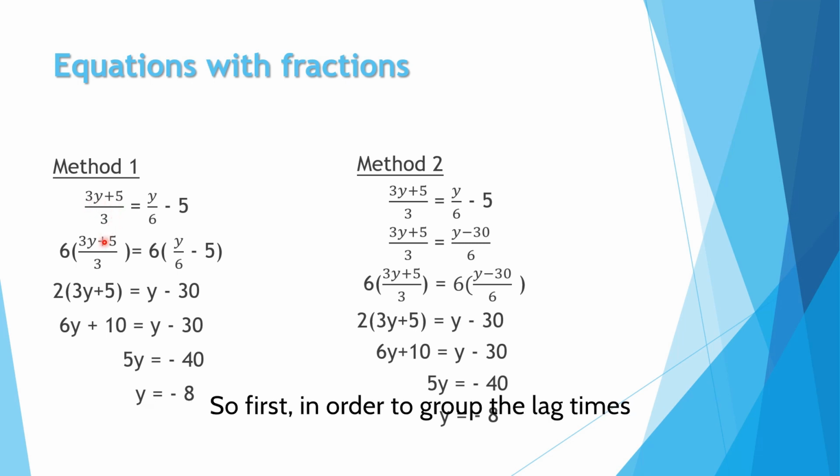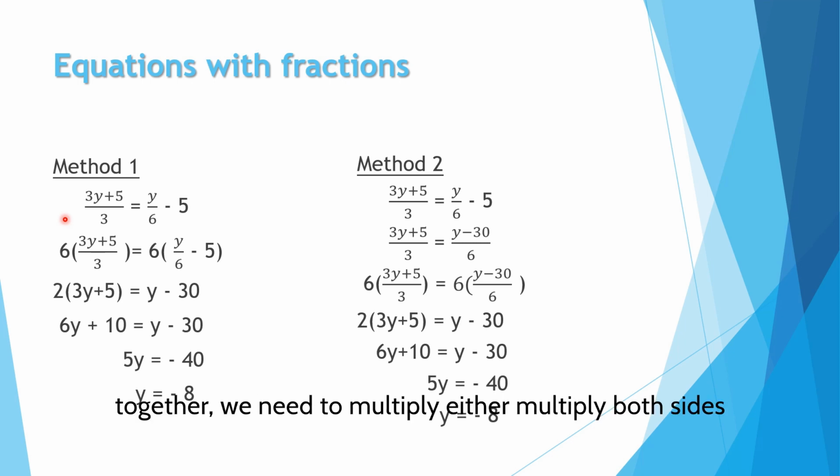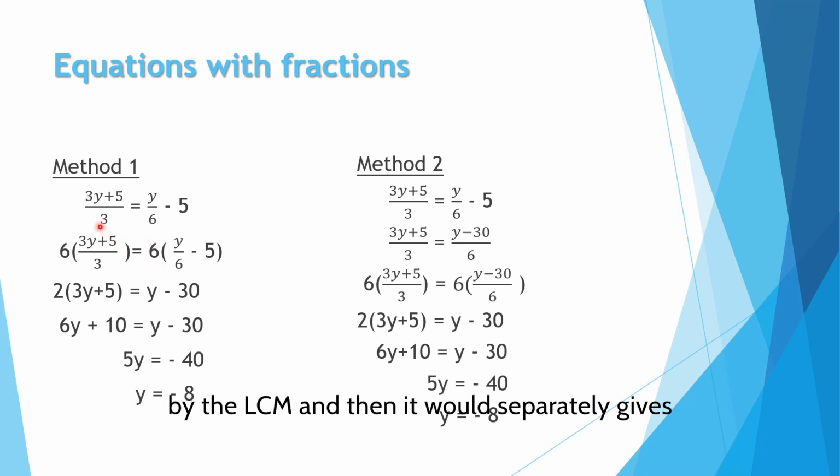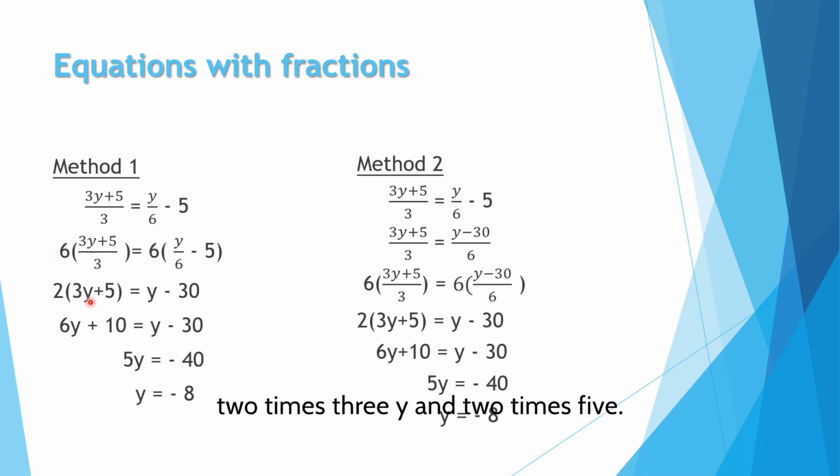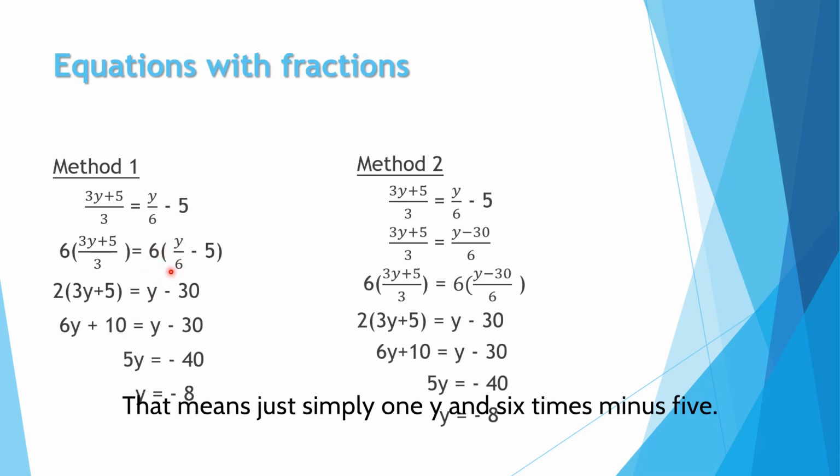So first, in order to group the like terms together, we need to either multiply both sides by the LCM, and then it would separately give 2 times 3y and 2 times 5. And here is 6 times y over 6, that means just simply 1y, and 6 times minus 5.